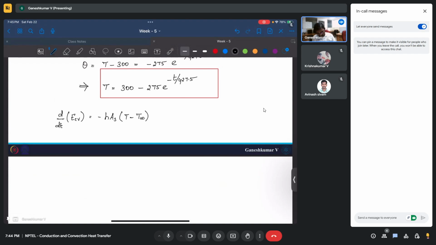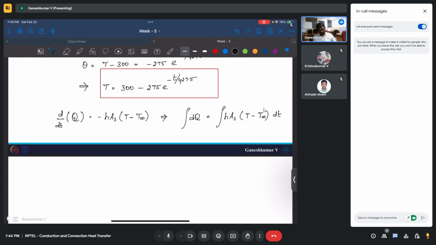So I want to know how this E CV, or in this case you can replace this with Q, varies with respect to time. How will I do it? Then you just integrate it, the integral of h A s (T minus T infinity) dt.